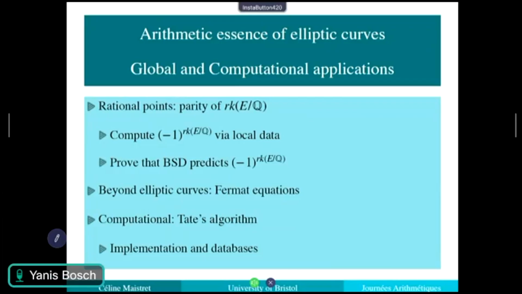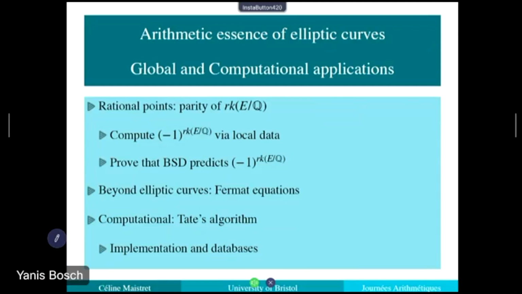Fermat's last theorem has been proven using elliptic curves, and within this there is a method called the modular method, which allows you to solve or find that there are no solutions to Fermat equations. And one of the steps is to compute a local invariant of elliptic curves. So here again, our knowledge of the local arithmetic of elliptic curves is used to prove global results.